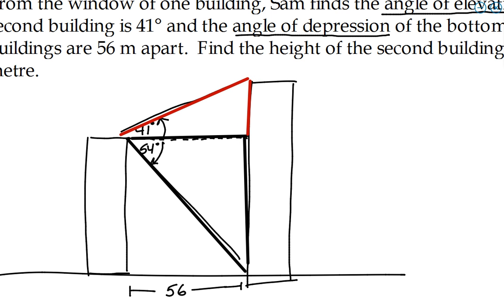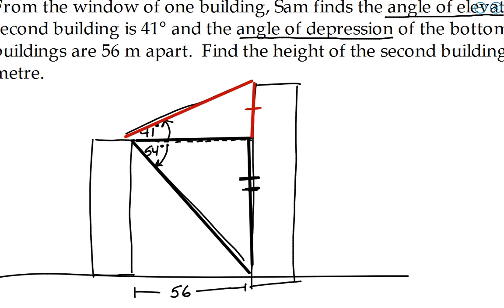Okay? Now if you want the height of the second building, you got 2 pieces. This piece and this piece. And those 2 pieces, you would just have to total up. You just have to add those up. And the side that's shared between them is 56 length.